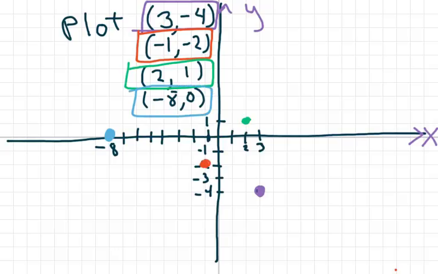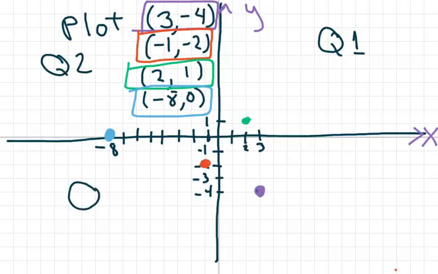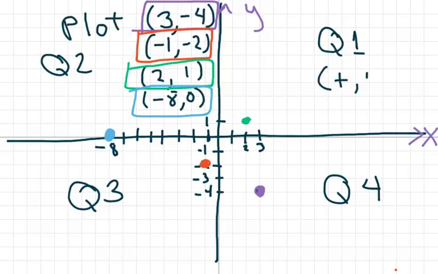And it's pretty simple. And again, don't forget, as a review, quadrant 1, quadrant 2, quadrant 3, quadrant 4. X comes first. So quadrant 1, X and Y are both positive. In quadrant 2, X is negative, Y is positive.